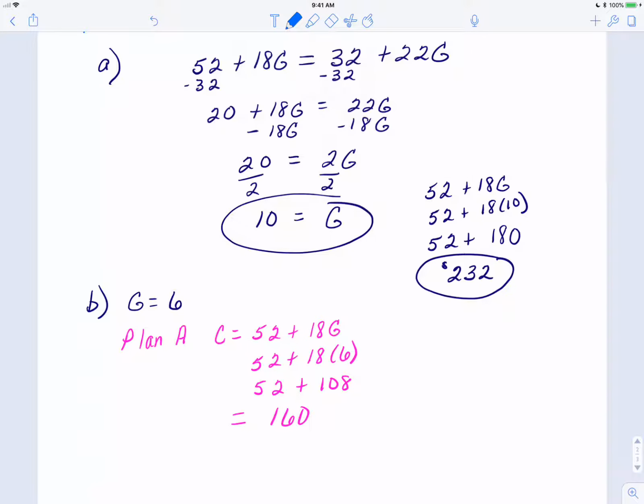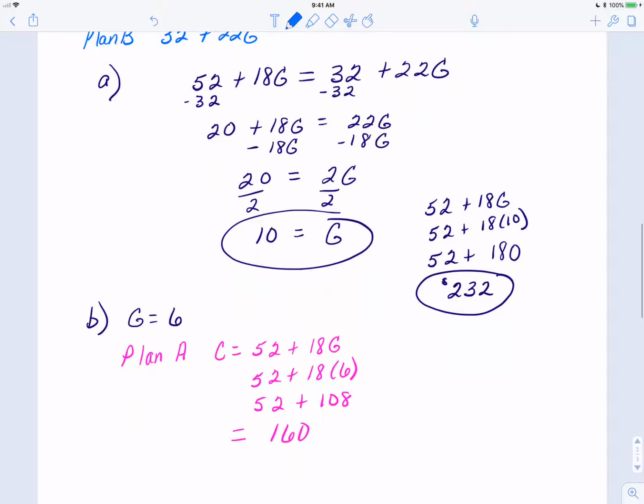Okay, so plan B is 32 plus 22 gigabytes. Well, we're using the same thing. The gigabytes at 6, what's the cost of plan B if that's all I'm going to use?